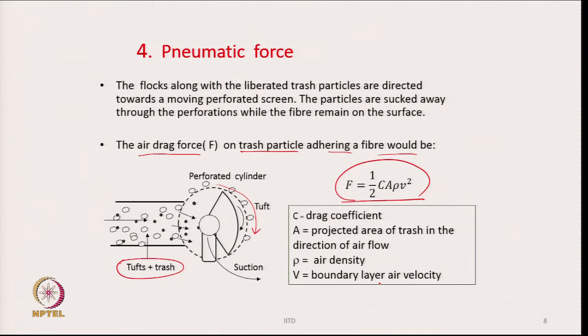So, this force could many times be very high in magnitude and can easily dislodge a particle which is sitting on a fiber.